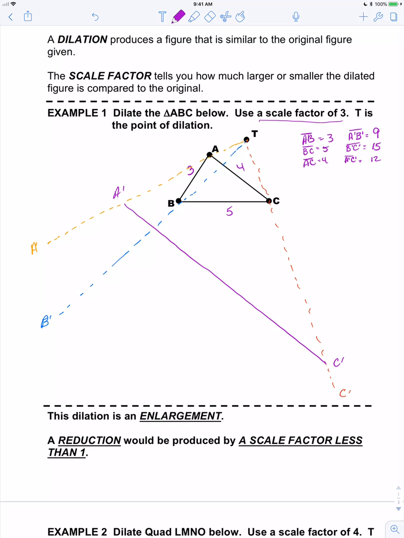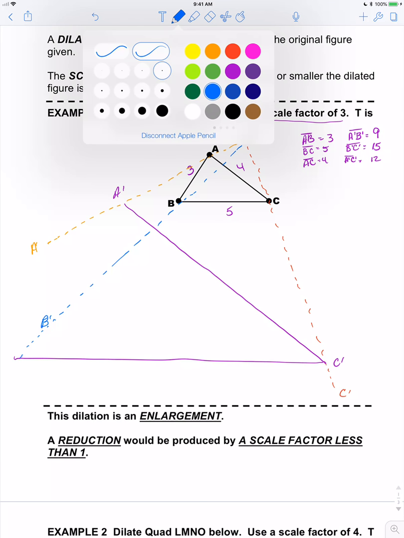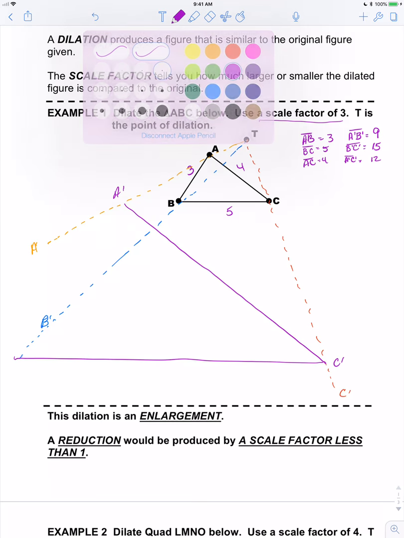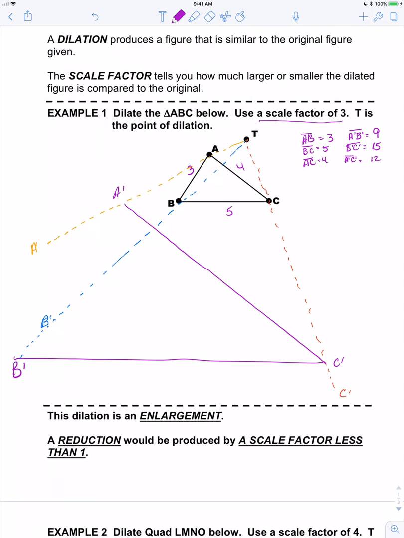It looks like we didn't draw our B line long enough, but somewhere around here is about where B should come. If we continue drawing it out, that would be the new B prime spot. We'll erase these now that we know where the actual ones are.